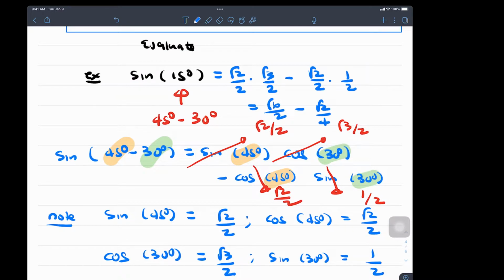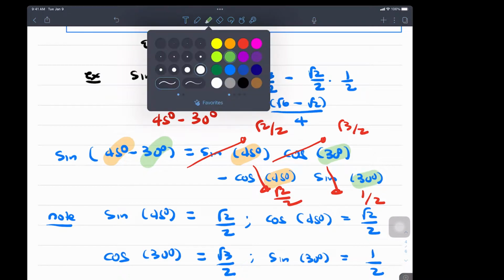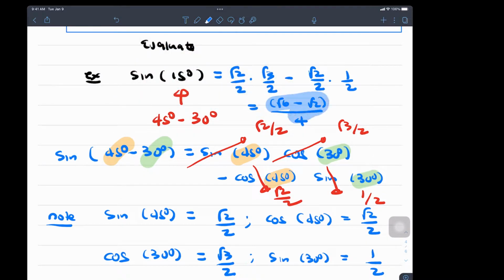I'm sorry, that's 4. You might say, I'm out of space here, but let's just factor. So you might even see this: square root of 6 minus square root of 2 over 4. There you go.